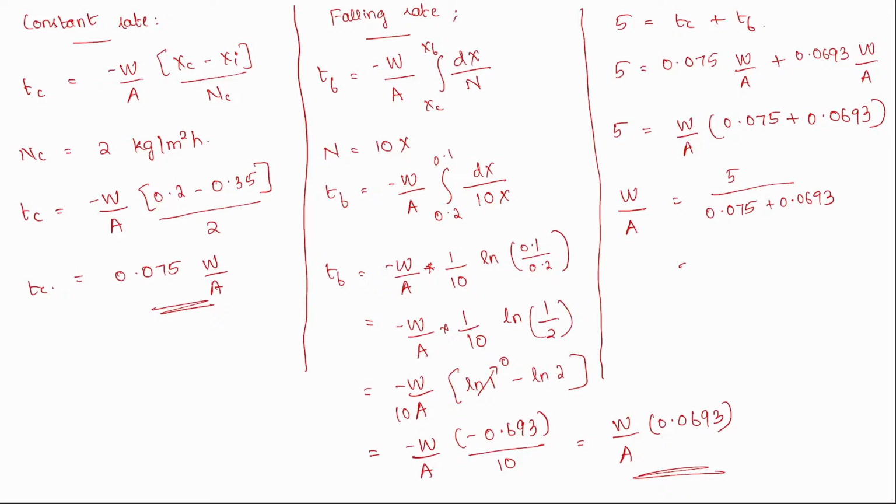This W by A is the dry weight of the solid per drying area, and we'll get the final answer as approximately 35 kilogram per meter square. Thank you.